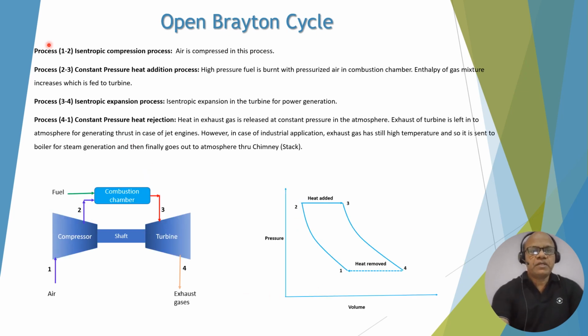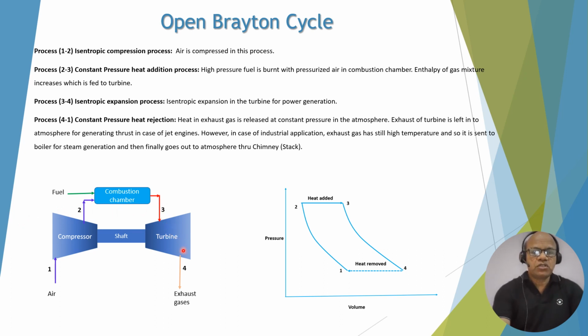In case of open Brayton cycle, you can see that air is compressed from process 1 and 2 in the compression process, which is considered a constant entropy process or isentropic process. Process 2 and 3 is where the actual combustion takes place, and so air and fuel mix, and after combustion the enthalpy of gas mixture becomes high, which is fed to turbine.